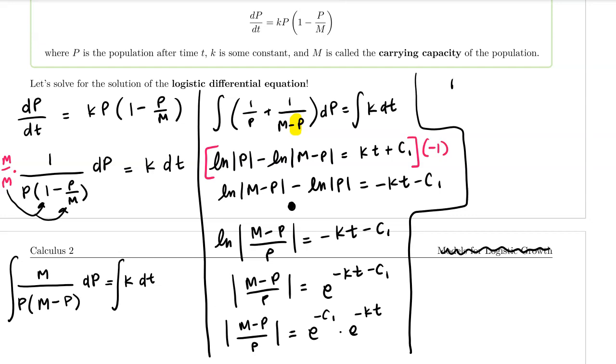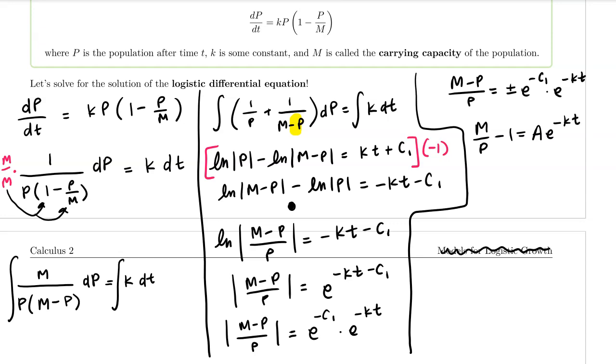So dropping the absolute value bars, we get (M minus P) over P is equal to plus or minus e to the negative C1 times e to the negative kt. Now, on the left-hand side, I can split that up into two fractions. So I have M over P minus P over P, which is 1, equals plus or minus e to the negative C1 power, that is just some constant, and I'm going to call that constant capital A, times e to the negative kt.